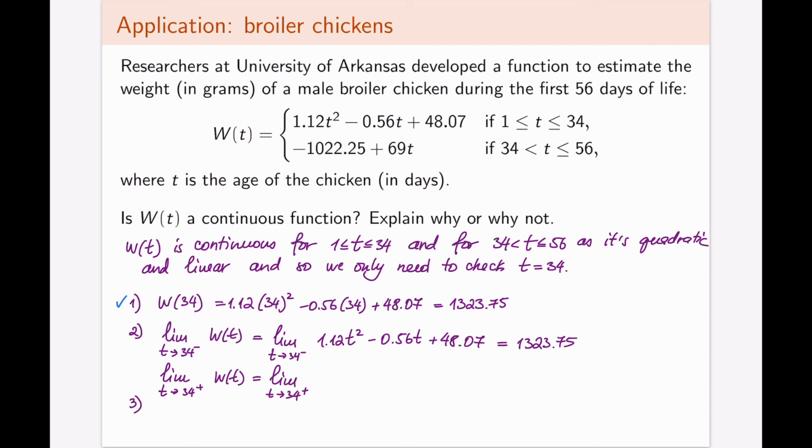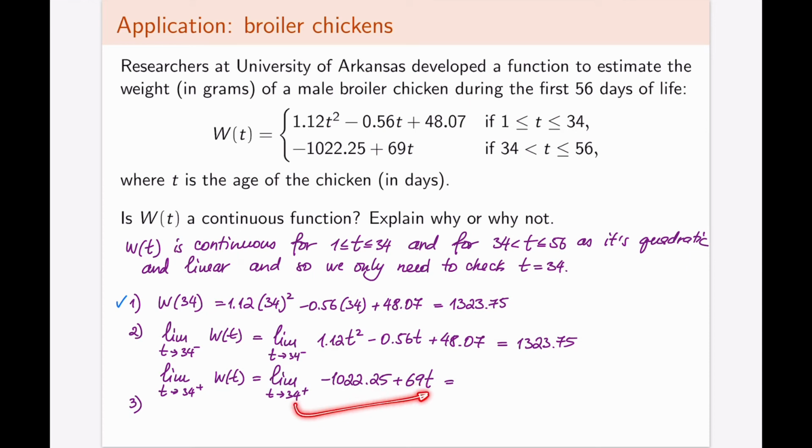Excellent. For my second limit, I am looking at t approaching 34, but from the right-hand side, so being a little bit bigger than 34, which means that I'm utilizing this branch of the function. So I'll be computing the limit as t approaches 34 of minus 1022.25 plus 69t. Okay, again, first rule of limits, plug it in, and there's nothing here that will create any kinds of problems because it's simply a line.